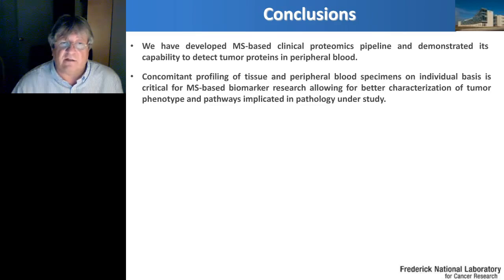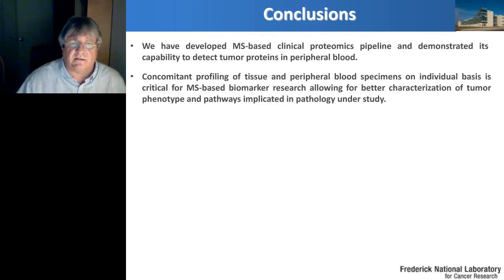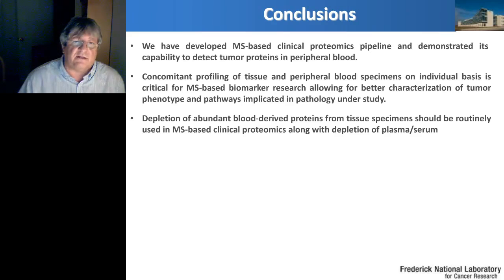We really believe that if you look in parallel in tissue and peripheral blood specimens on an individual basis, it's critical for mass spec-based biomarker research, and would allow better characterization of tumor phenotype and pathways implicated in the pathology under study. We do believe that depletion of abundant blood-derived proteins from tissue specimens should be routinely used in a mass spec clinical workflow, along with the depletion of plasma and serum, and we think this is really critical.